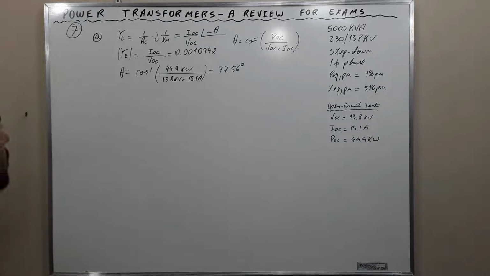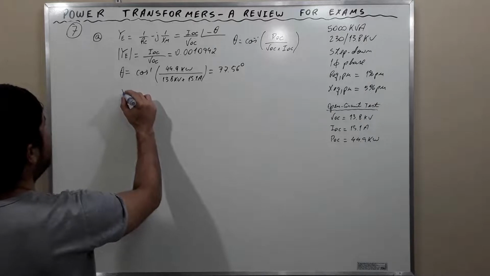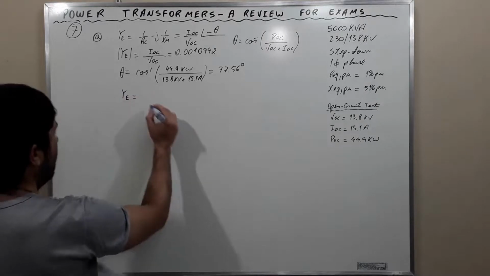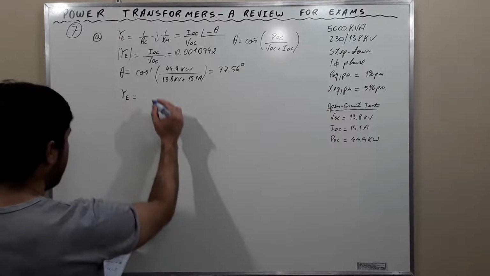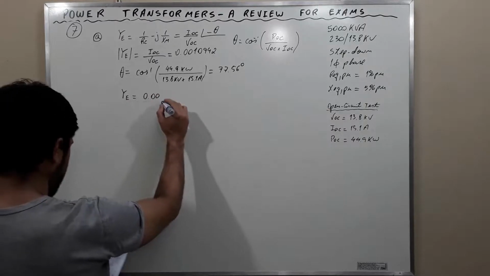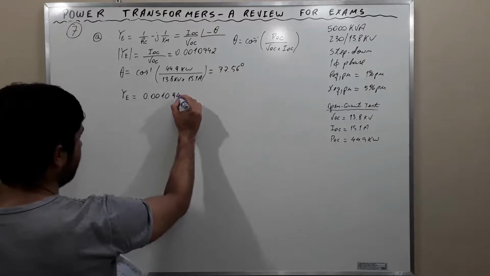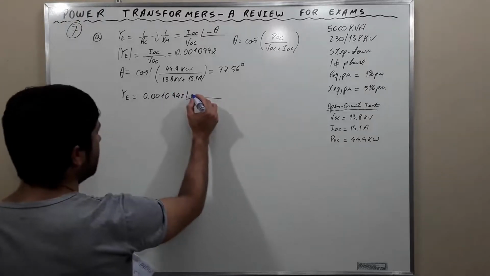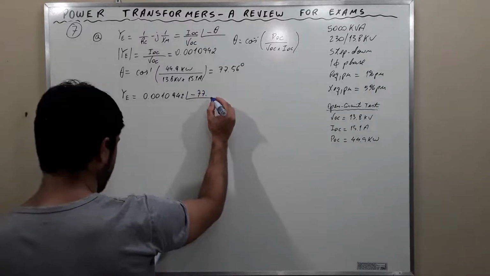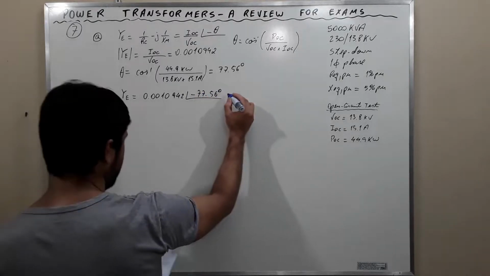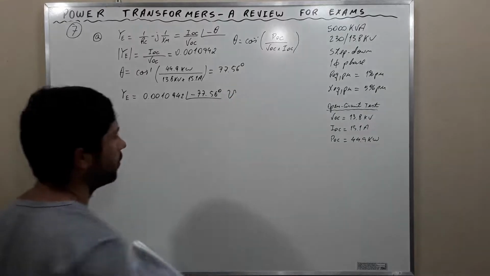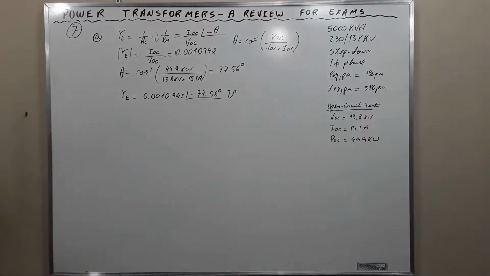Then the excitation admittance is equal to 0.0010942 phase negative 77.56 degrees Siemens, or mho if you prefer, which is the inverse of ohm.